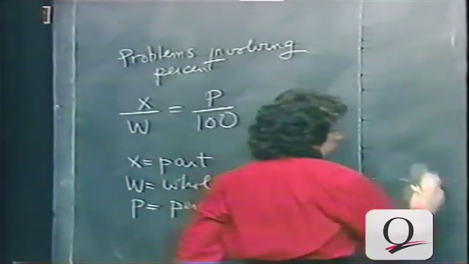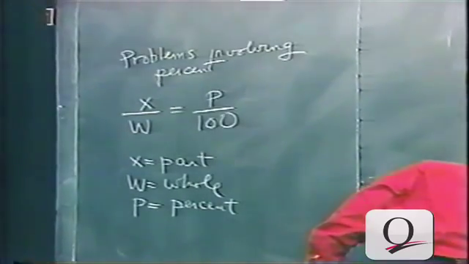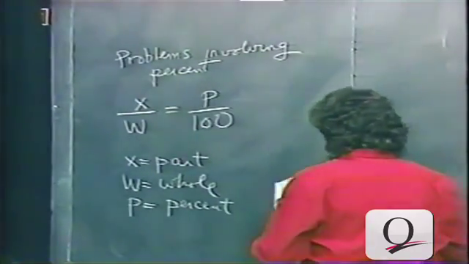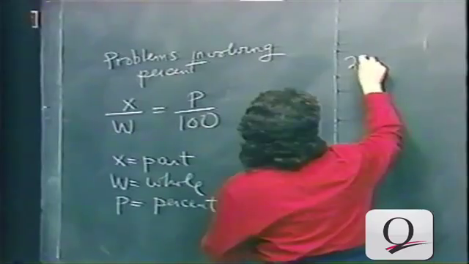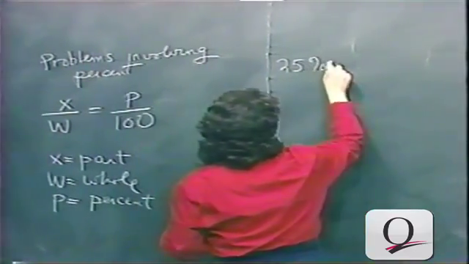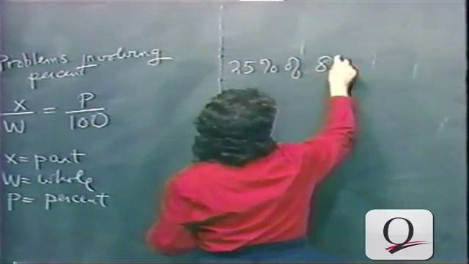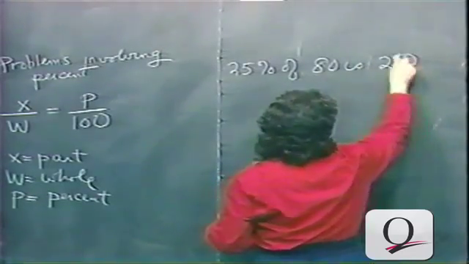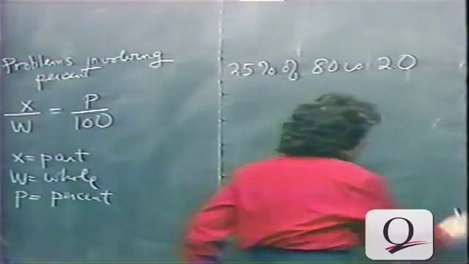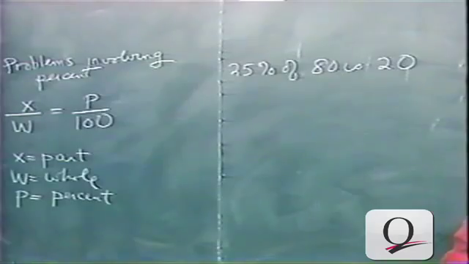For example, look at the following statement. 25% of 80 is 20. This is a true statement.